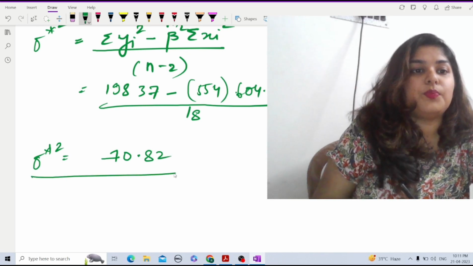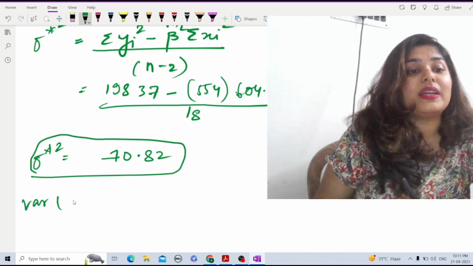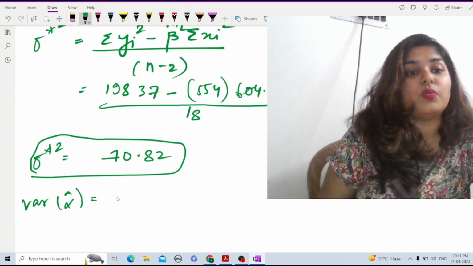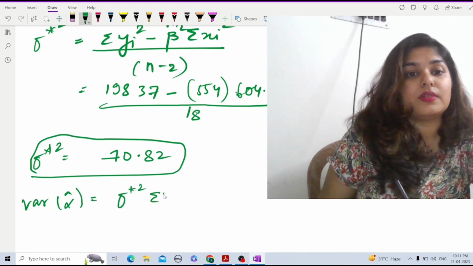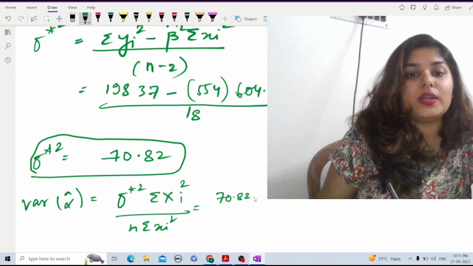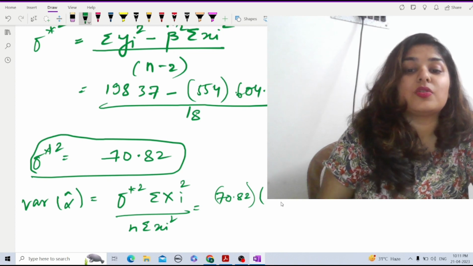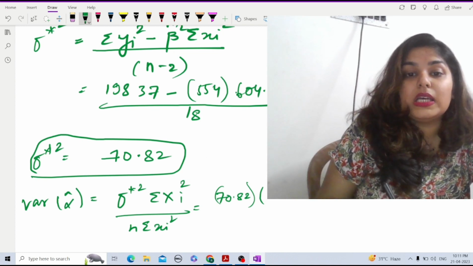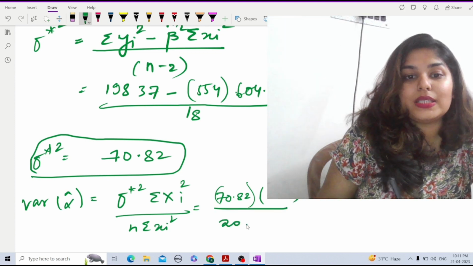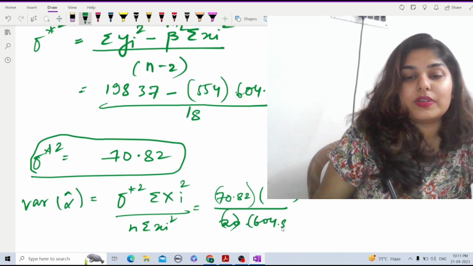We can put this value in the formulas for the variance of alpha hat and beta hat. The variance of alpha hat, which we have written as sigma star square into summation capital xi square by n into summation small xi square, equals 70.82 into 3204, divided by n, which is 20, times summation small xi square, which is 604.8.